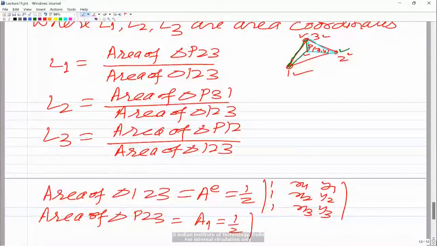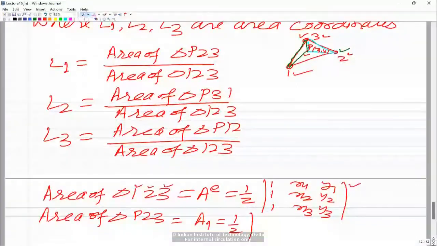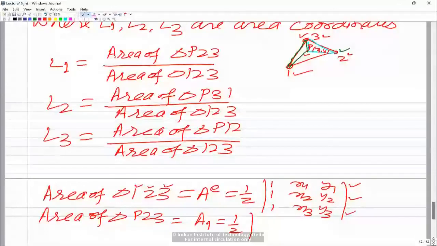So the first row is 1 and the x y coordinates of P, since P is any point x, y. Then 2 means 1 x2 y2, and then 3 means 1 x3 y3.